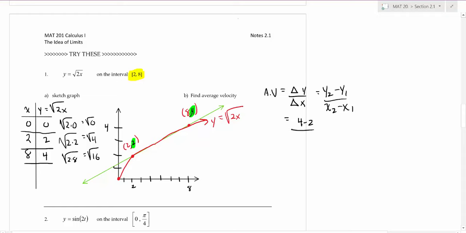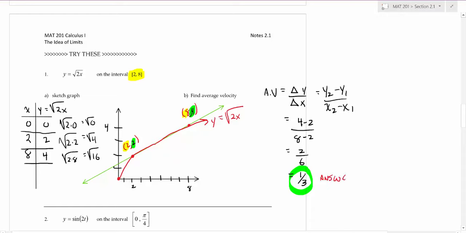And then the change in x, we'll do that in the same order. We're going to subtract 8 and 2, so we're going to do 8 minus 2. We should have a positive slope, so that's 2 over 6, which would reduce down to 1/3. So that would be the average velocity on that particular example.